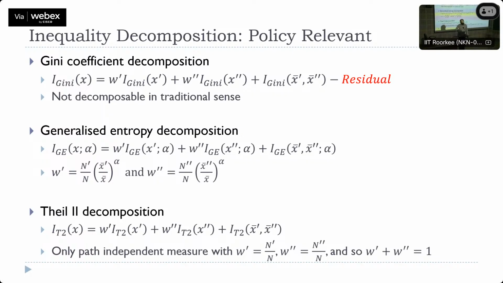Now here's a question for you. Suppose again we have gender, male and female. Suppose the inequality among males did not change, but their average went up.